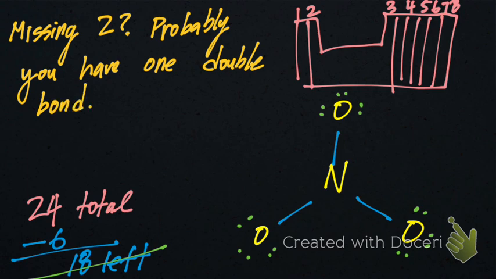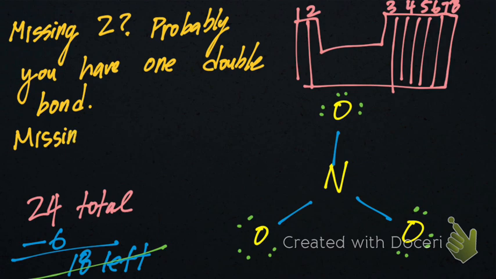When you make a double bond, you actually make up 2 electrons. You gain 2 more when you make a double bond. So in a case when you're missing 2, you probably have 1 double bond. That'll make up 2 electrons.